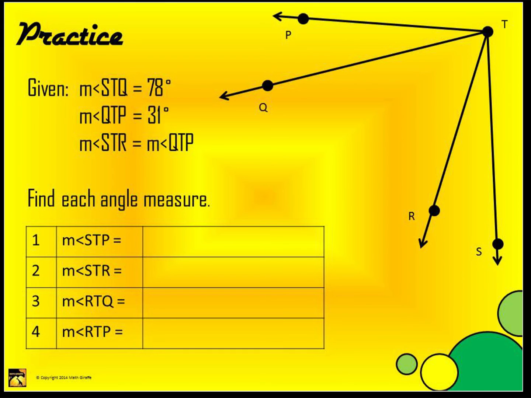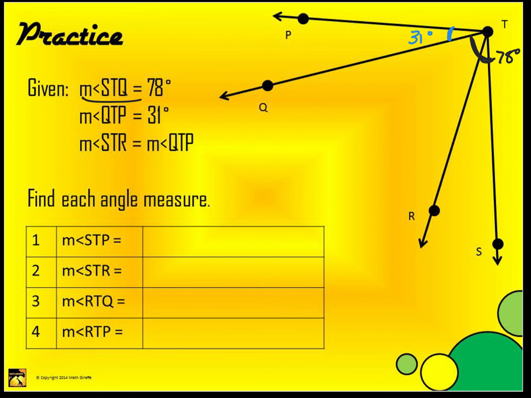Okay, so we know that the measure of STQ, so this angle here, is 78 degrees. We know that QTP, so this little piece here, is 31. And we know that STR, so this little angle, is congruent to QTP.